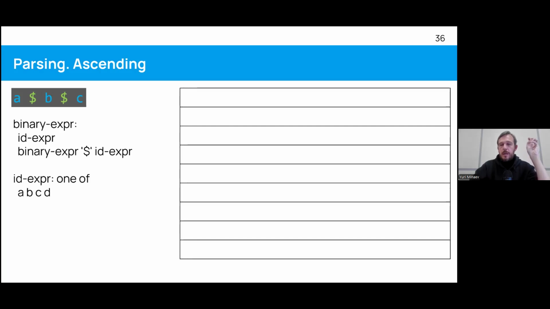And by the way, here we have some memory. That's a state of the state machine, which is an ascending parser. So consume A, put it into the memory, and we'll look at it. What could A be?